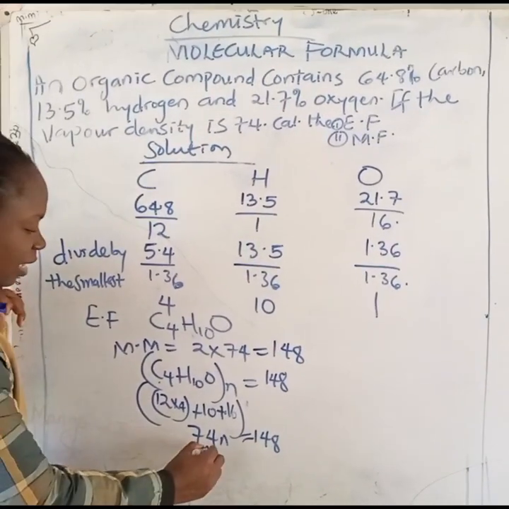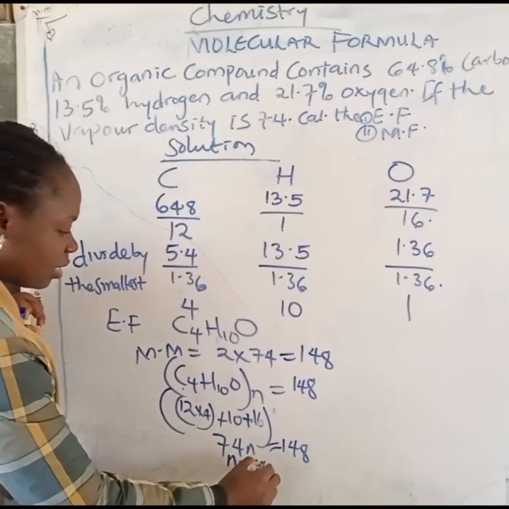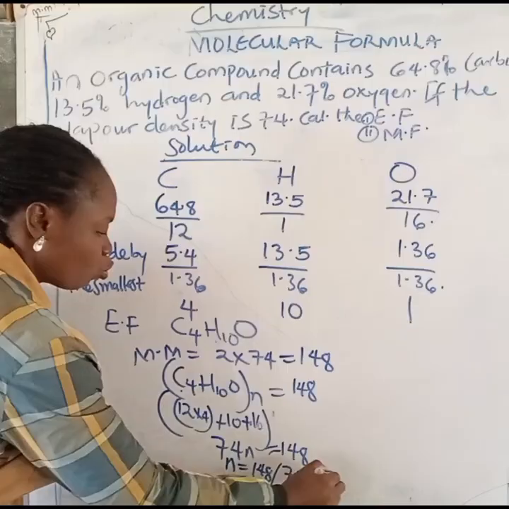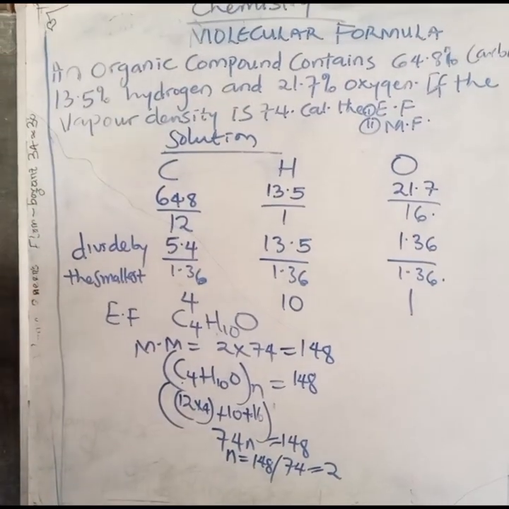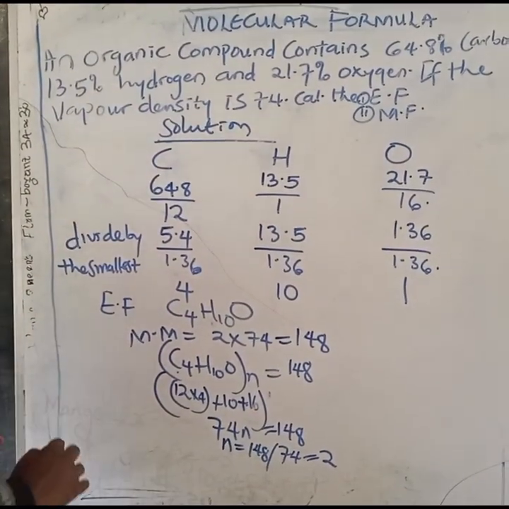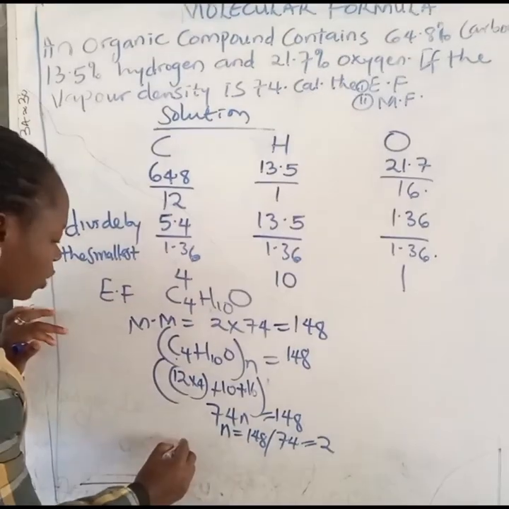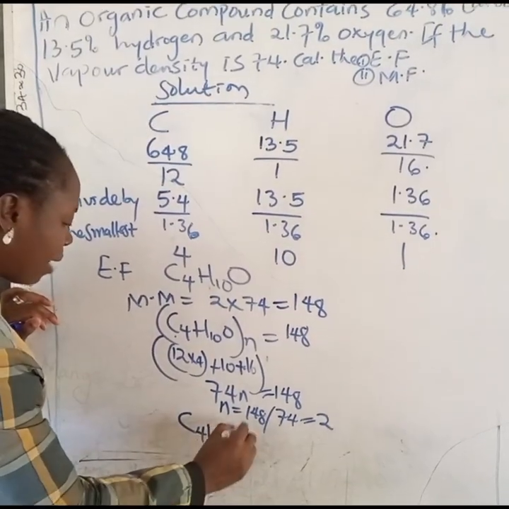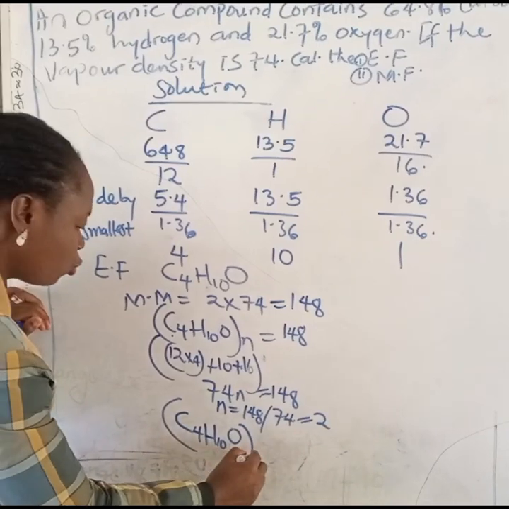So my N is going to be 148 divided by 74, and it's going to give me 2. So I am going to introduce my 2 into the empirical formula. So I will have C4H10O in bracket of 2.